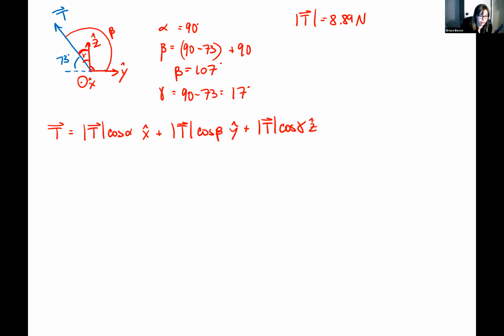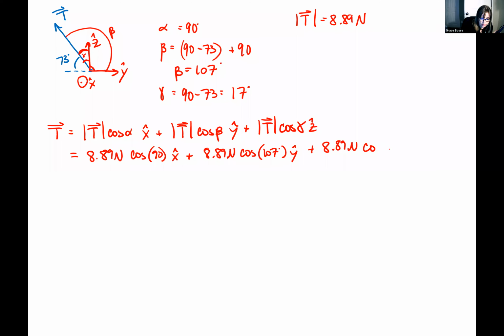Let's plug in our numbers. Norm of vector t was 8.89 newtons, cosine of 90 degrees times x hat, plus 8.89 newtons, cosine of 107 degrees, all of that times y hat, plus 8.89 newtons, cosine of 17 degrees, and all of that times z hat. All right, let's simplify. I know this first term is going to go to 0 because the cosine of 90 degrees is 0.